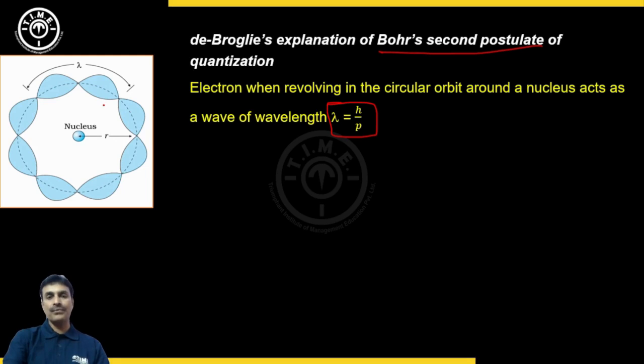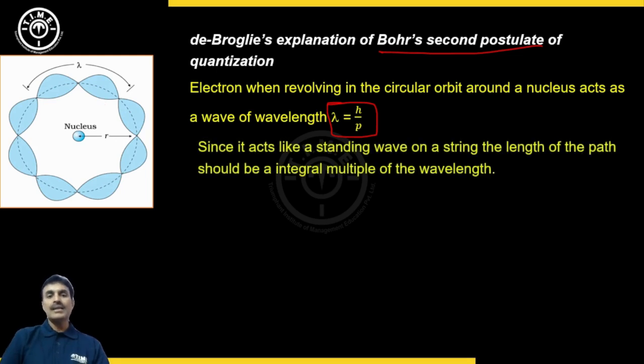Integral multiple of lambda is the total length of the path. Since it acts as a stationary wave on a string, the length of the path is always an integral multiple of wavelength. That becomes n times lambda, where n is an integer. Understood? Right. If length of the path is n lambda, what is the length of the path according to this figure?